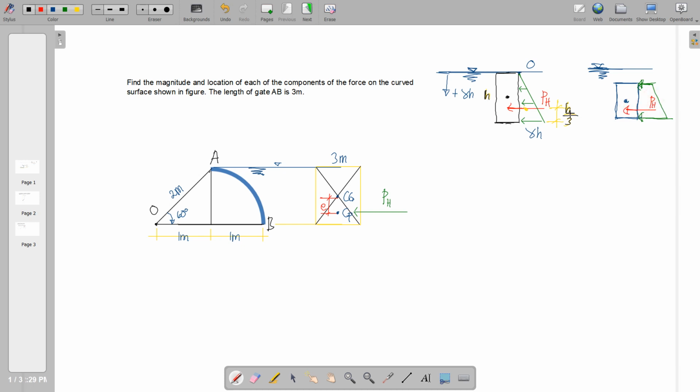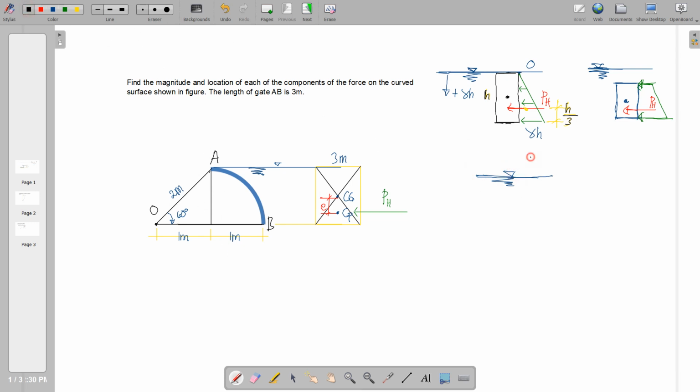So we cannot just say that this distance is h over 3 again, because your pressure distribution is in trapezoidal form, while in this one, the whole of the gate is totally submerged just right at your liquid surface. And this concept is also applicable whenever that your gate is partially submerged.